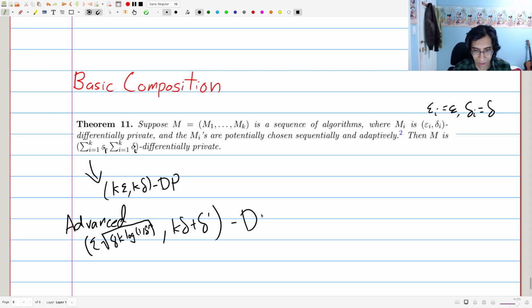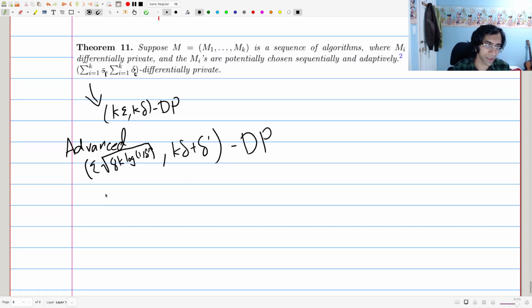So what does this say? This is kind of weirder. The deltas still add up. If they're all the same, then you have k times delta here. But what you can do is add in another slack delta prime, which goes also into the epsilon guarantee. But then it multiplies square root of k. This is kind of a mess. But roughly what you can think of this as being is something like, very approximately, epsilon times square root k, times k delta.